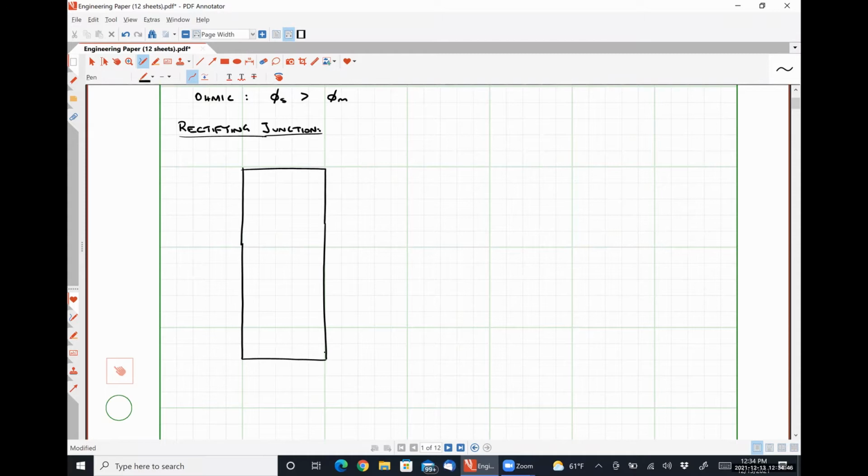So for the metal, let's say that this is my Fermi level. I'm going to call it EFM. You guys remember what Fermi level means? Did you guys learn what Fermi level means in 334? Okay, right.